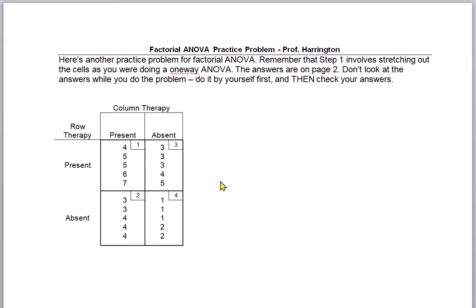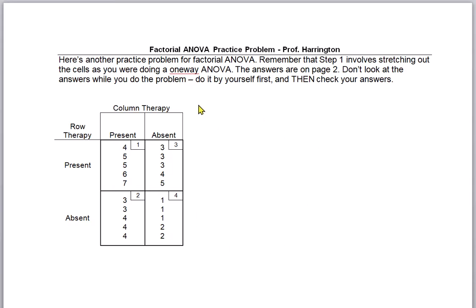Every different independent variable that you have magnifies the number of cells. If this is a 2x2 design, we have 4 cells. It's literally the number 2 times the number 2 that yields the number of cells. If we had another independent variable, we would have a mirror image over here, where the cursor is rotating.